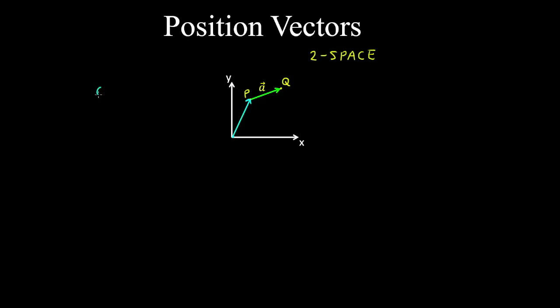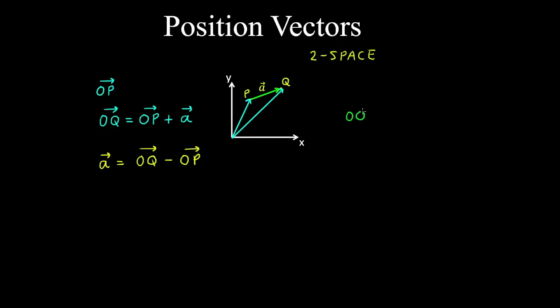So I'm going to call this vector 0 to P. And I'm going to call this second position vector drawn to the terminal point of Q as 0 to Q. So using the vector head to tail method, 0Q is equal to 0P plus A. So therefore the vector A is 0Q minus 0P.